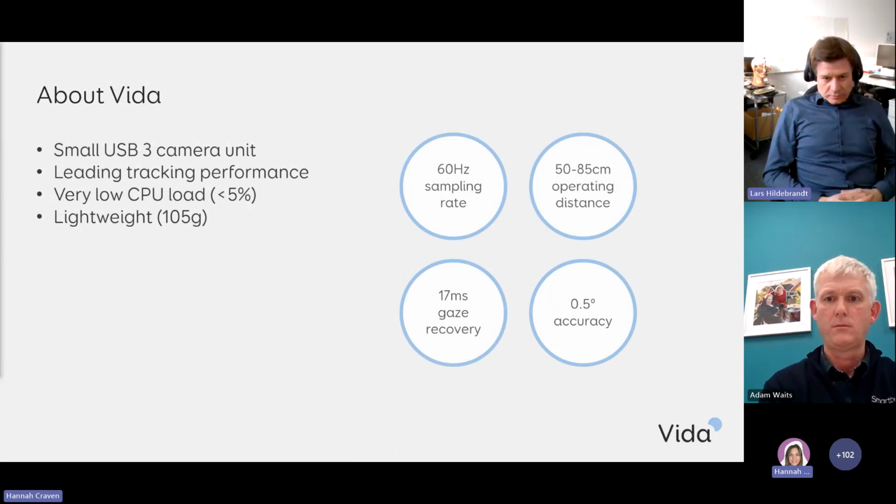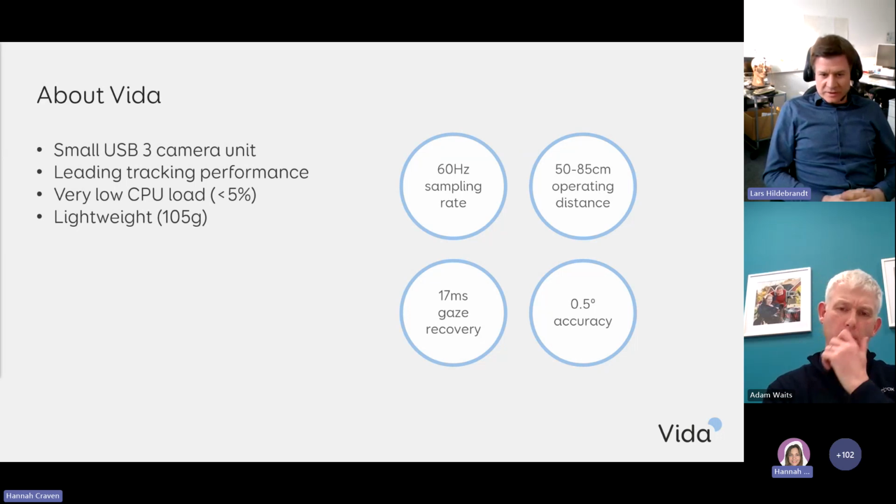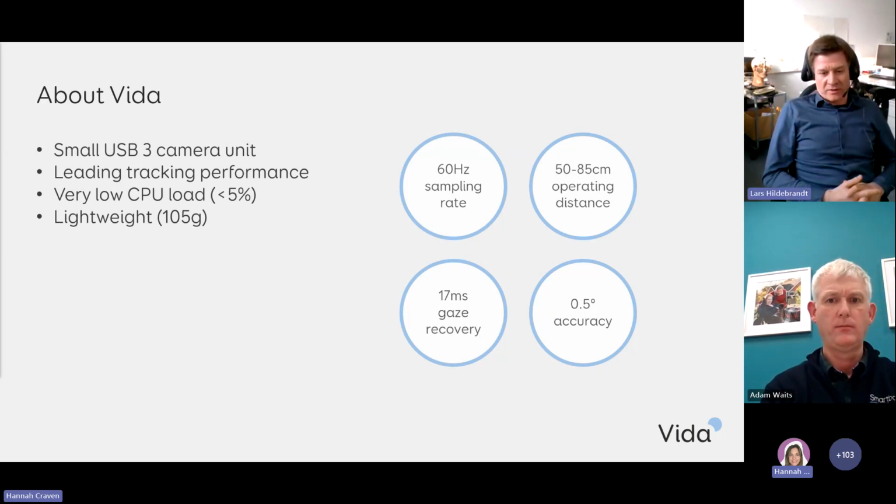Okay, the Vida. The Vida is a relatively new module. It came out, I think, 1.5 years ago. The key features you have here on the slide: it's a 60 Hz sampling rate. It's quite high, high enough to cover even large and fast head movements if you work with CP users. Try it out, go in and out. It basically instantly recovers, within 17 milliseconds, which is one frame.